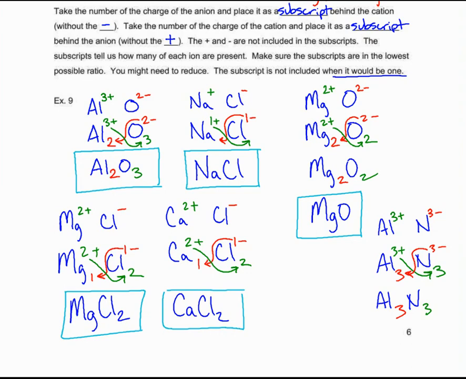Again, this is not in the lowest possible ratio. It needs to be in the lowest possible ratio. And we have to reduce this one. And so, same thing like a fraction of 3 over 3, we are coming up with a formula of AlN. So this would be our formula.